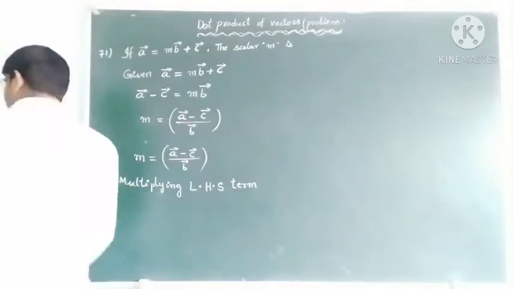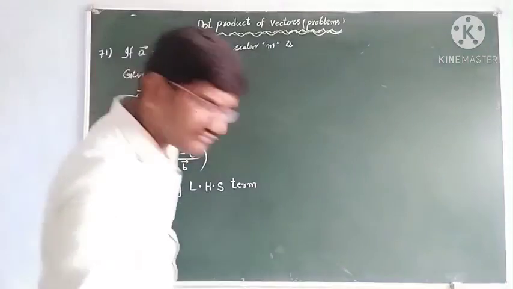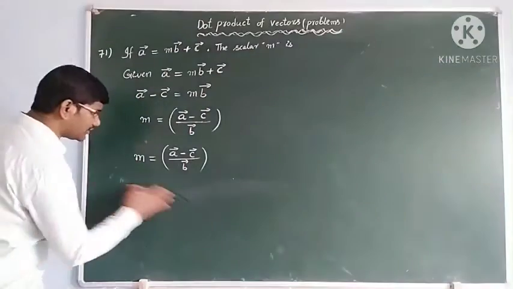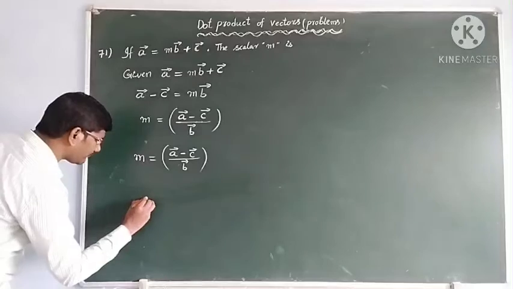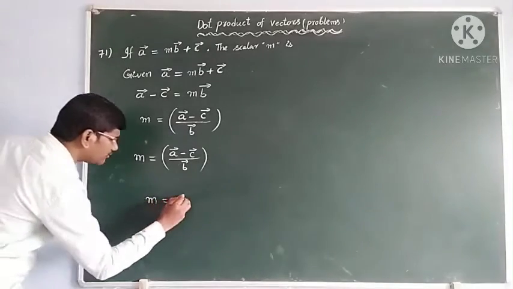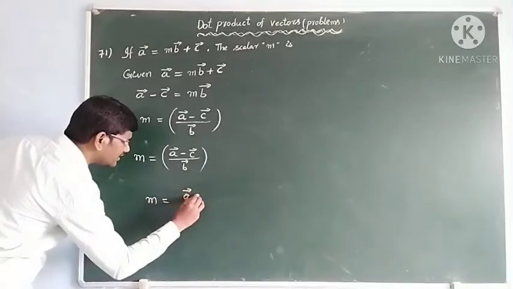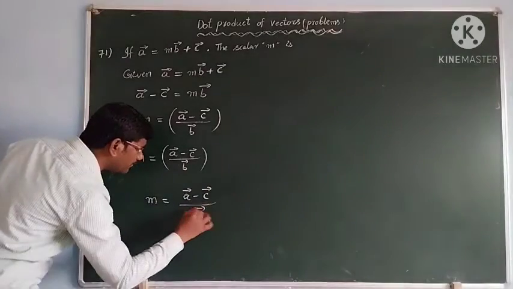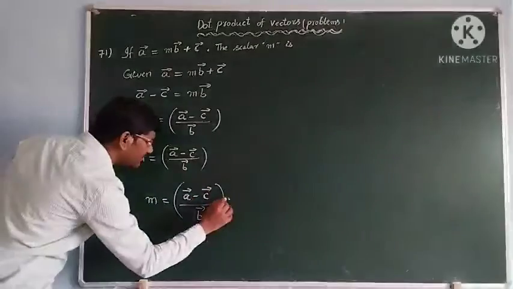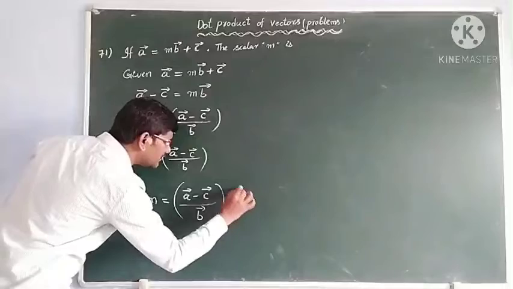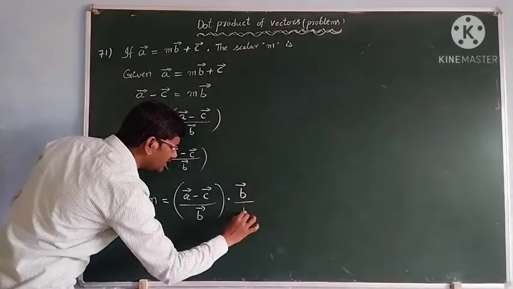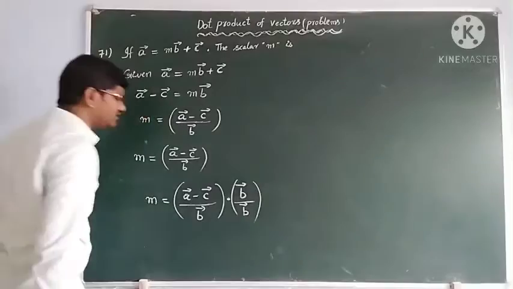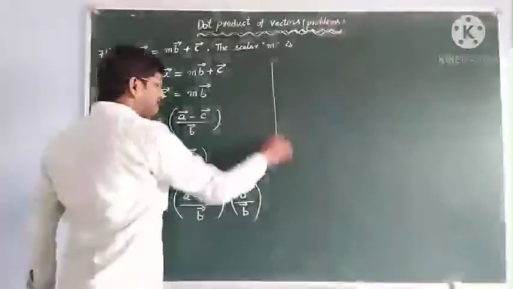So multiplying and dividing the left hand side term with B bar. So then what will you do, you see students? M is equal to A bar minus C bar by B bar, and multiply with B bar and divide with B bar.